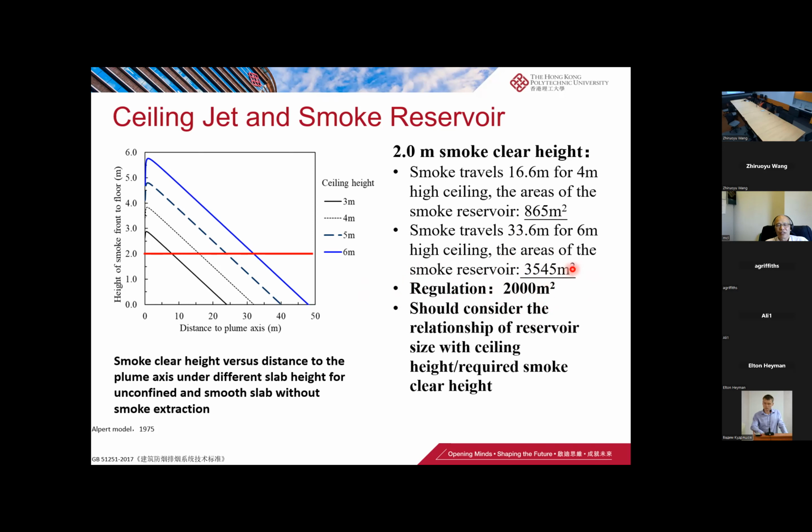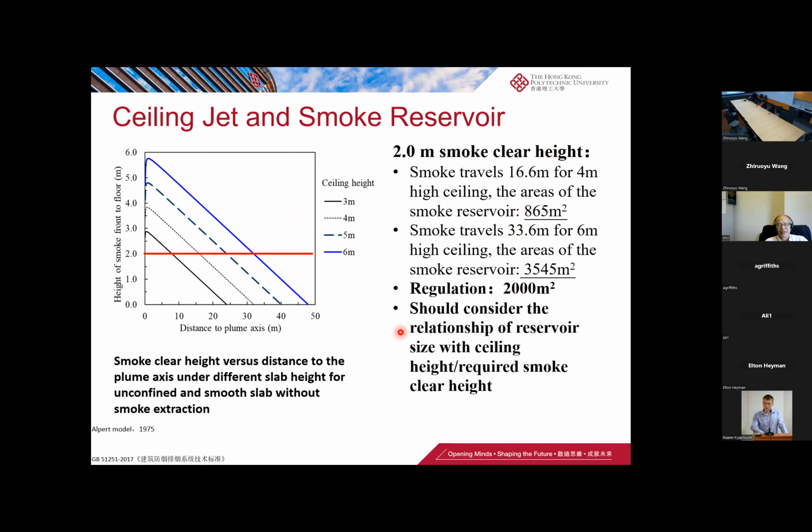If we consider the ceiling height, we consider the safety factor, the 2-meter safety requirement, we can have smoke reservoirs less than 2,000. If the ceiling height is low, we can have a smaller smoke reservoir, and if we have a higher ceiling height, we can have a larger one.